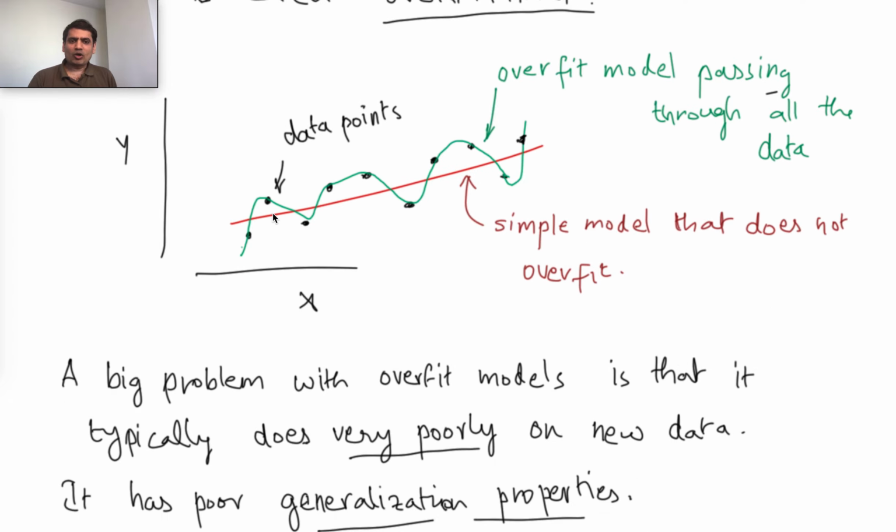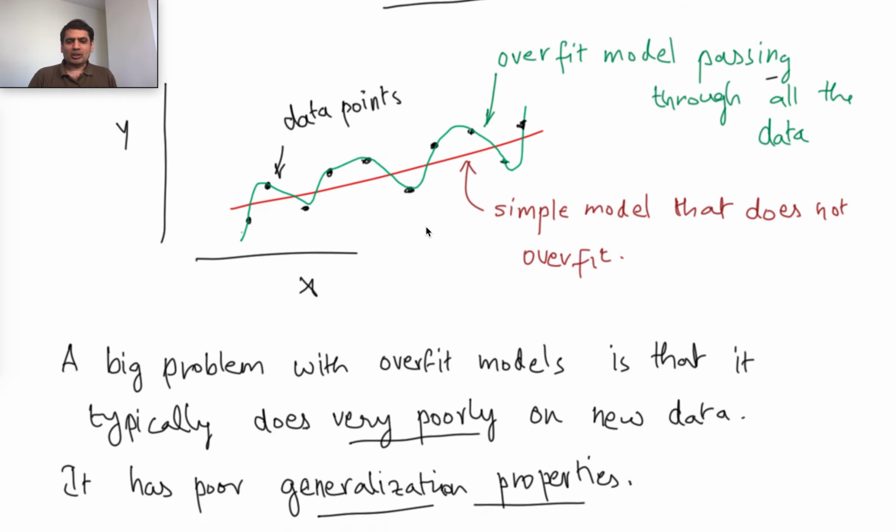The problem with overfit models is that they typically generalize very poorly on new data, because they've essentially been bent into shape to fit the noisy data that you do have. If you get some new data, or data that you have not seen before, this weird curve might not fit that new data point very well.